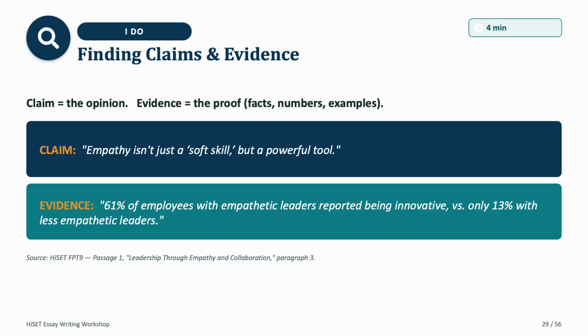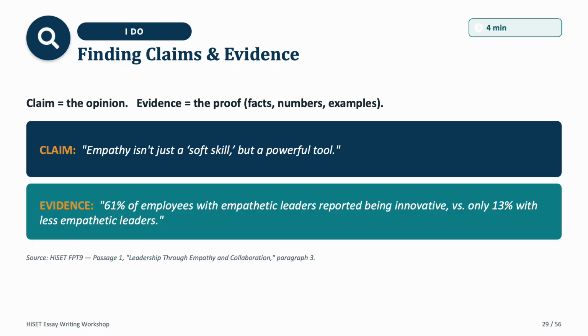In paragraph 3 in the passage 1, leadership through empathy and collaboration, we found this evidence. 61% of employees with empathetic leaders reported being innovative versus only 13% with less empathetic leaders. Okay, this is evidence.